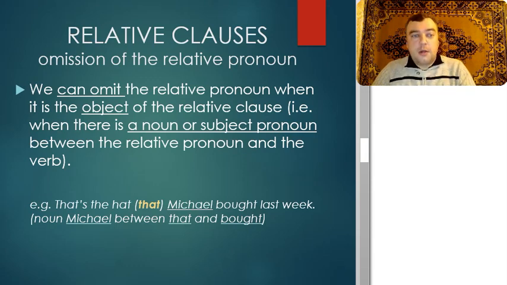But between the relative pronoun that and the verb bought, we have a subject of relative clause, which is Michael. So in the cases when we have this subject, the relative pronoun becomes the object of the relative clause and can be omitted or crossed out. So we can say, that's the hat Michael bought last week. And this sentence would be completely correct.